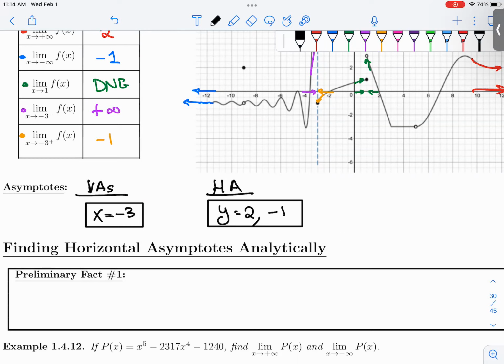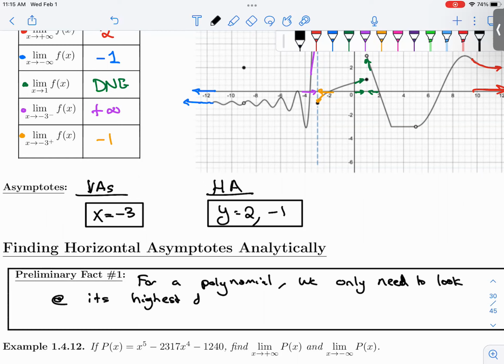And the first one is that for a polynomial, we only need to look at its highest degree term for x tending to plus or minus infinity.